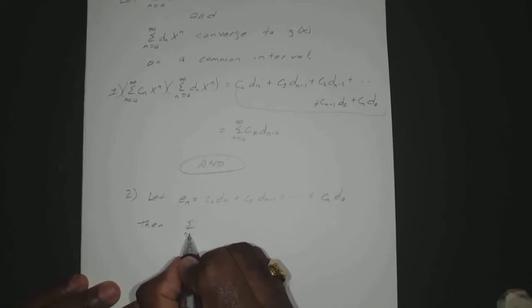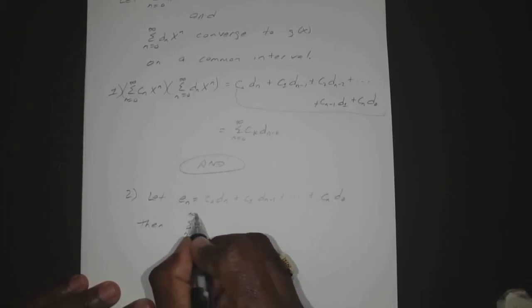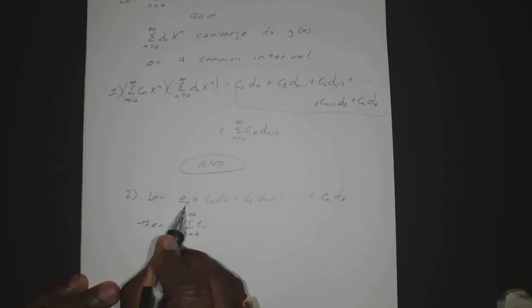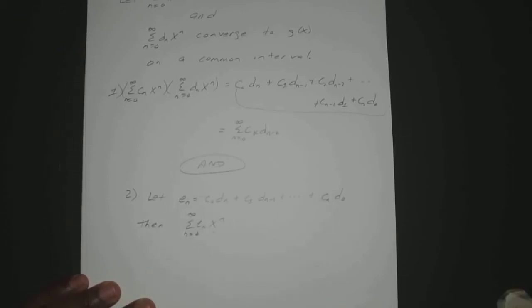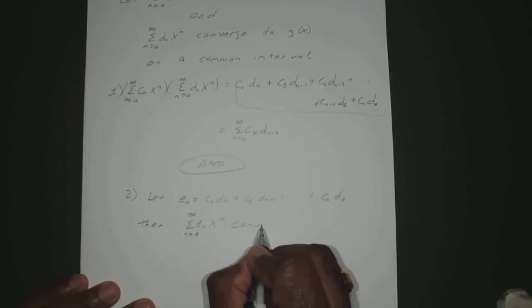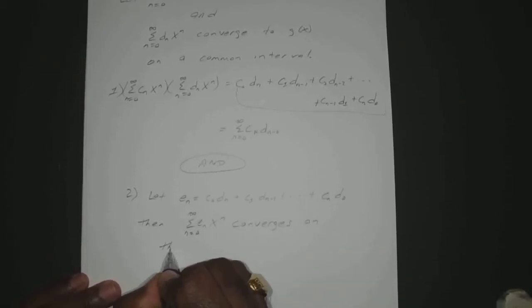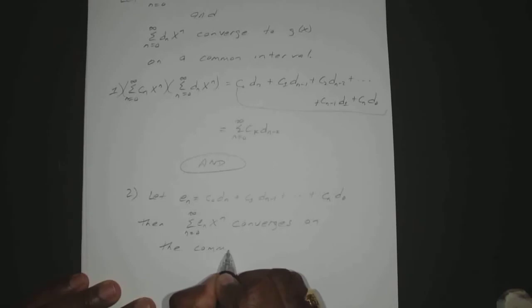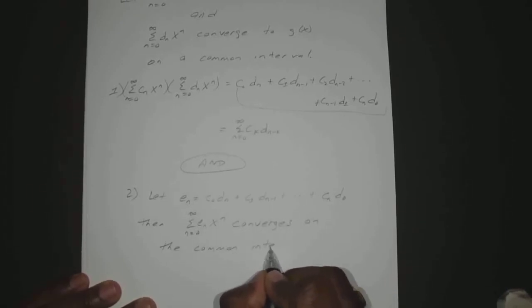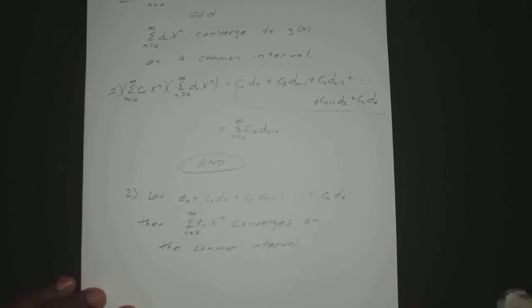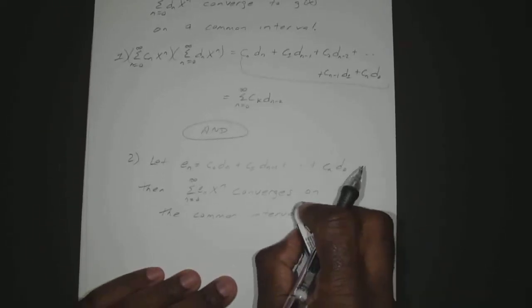Then the sum from n equals 0 to infinity of e sub n times x to the n converges on the common interval I.